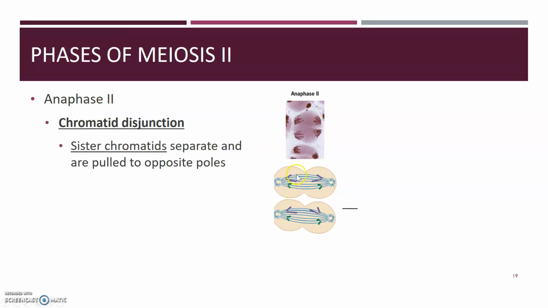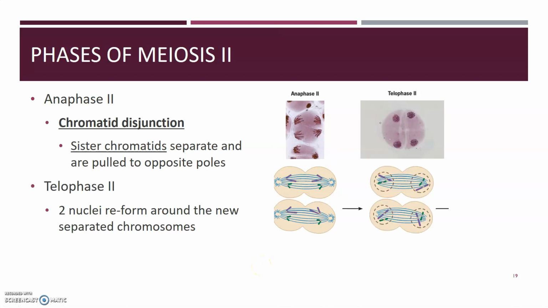And what you'll notice is that now one half of those X's, both purple and green, or one chromatid, is pulled to the left and the other chromatid is pulled to the right. That X-shaped structure is pulled apart. And the sister chromatids making up both sides of the X are separated and pulled towards opposite poles.